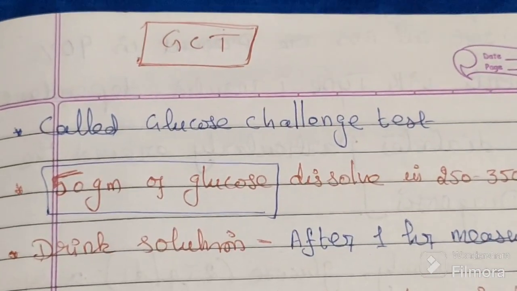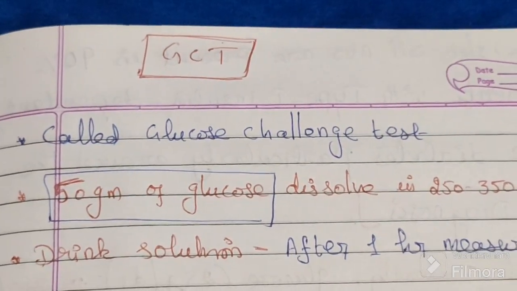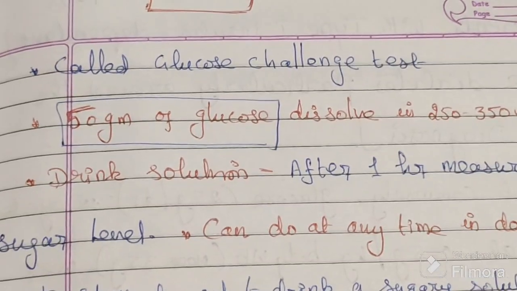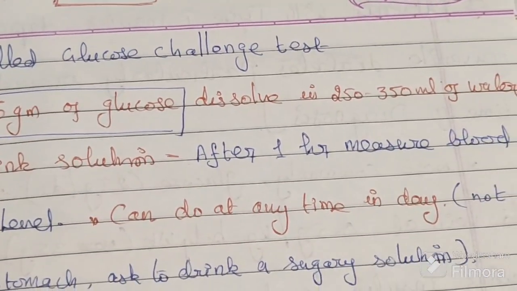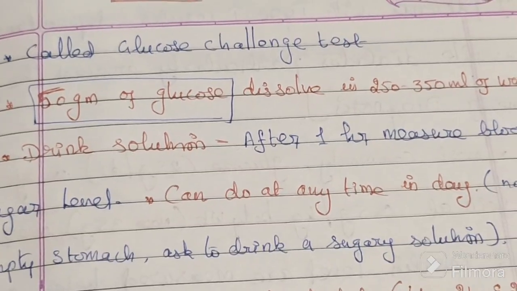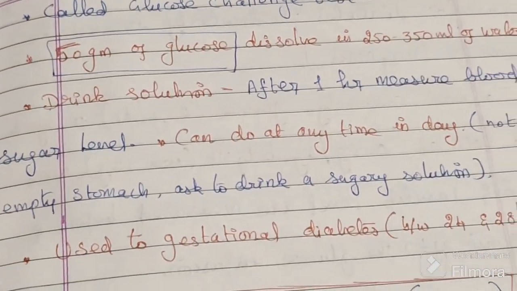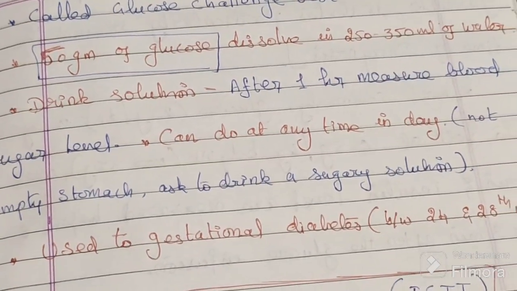Next test, glucose challenge test. Glucose challenge test, GCT. Here 50 gram of glucose is dissolved in 250 to 350 ml of water, and the patient drinks that solution. After 1 hour only, we collect the blood sample to measure blood glucose level.